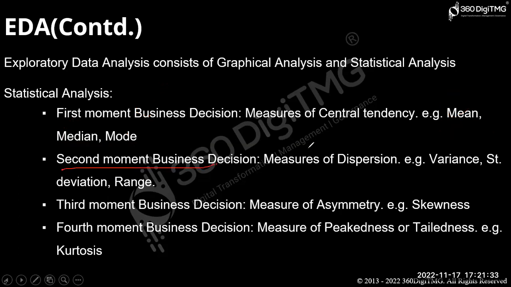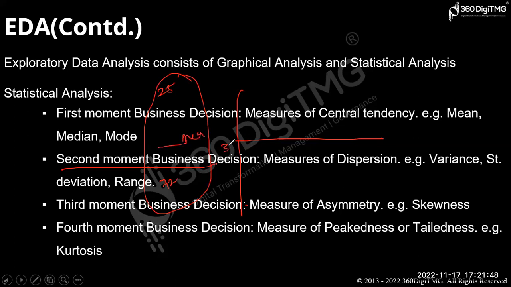It is a measure of dispersion. Let's say I've taken ages, various ages from 25 years to 72 years. If I calculate the mean of these, let's say I've got 35 as the mean. For the actual data we have, how far are these from the mean?